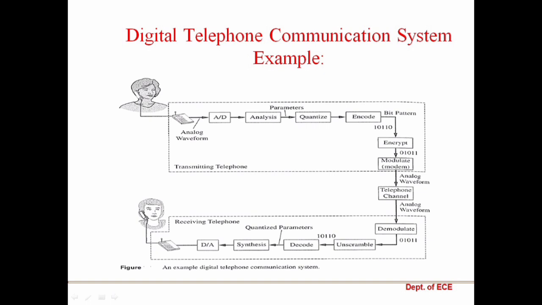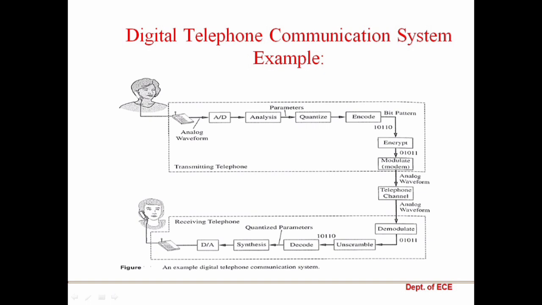After sampling and quantization, we give it to the encoding process. Here the data is encoded into different patterns like binary zeros and ones. After encoding, we give it to the modulator or modem. This block is entirely called the transmitting telephone. After that we give it to the receiving telephone system.